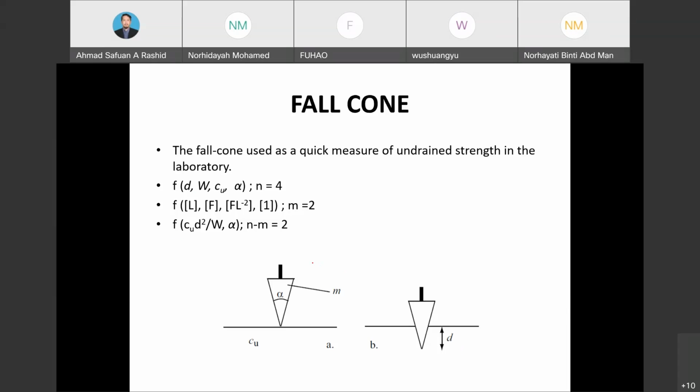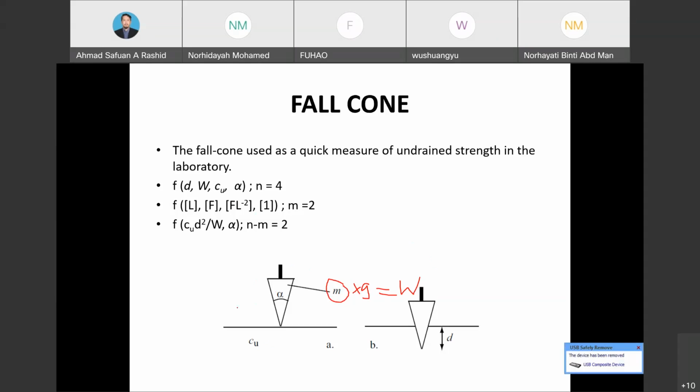Then you may use the cone mass, multiplied by g, and you get the weight W. Alpha is the cone angle, while Cu is the shear strength of the soil. So we have 4 important parameters there.